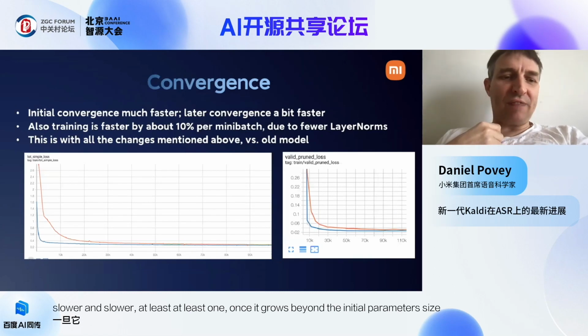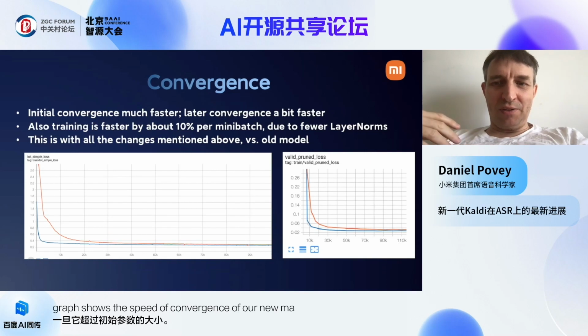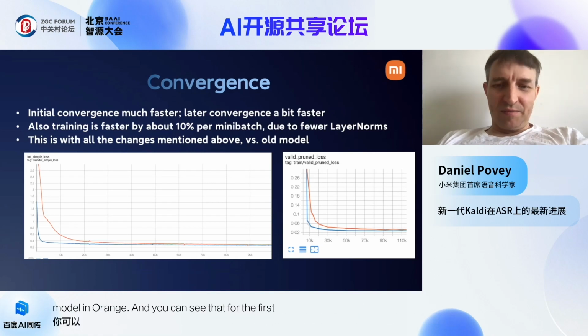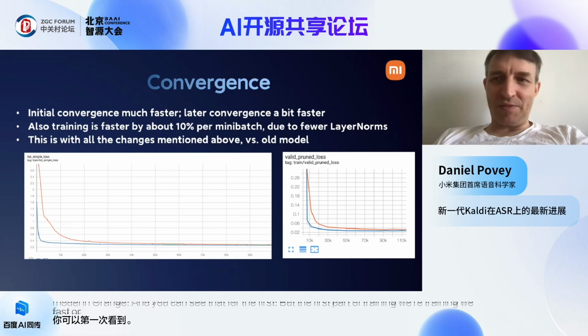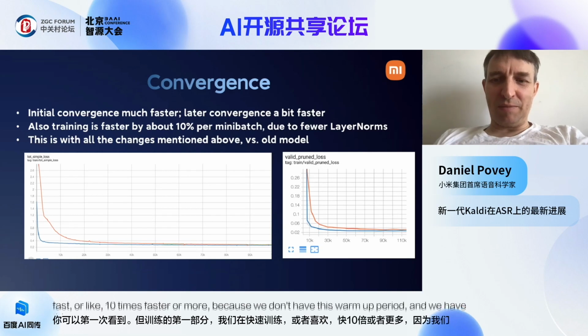So this graph shows the speed of convergence of our new model in blue compared to the old model in orange, and you can see that for the first part of training, we're training way faster, like 10 times faster or more, because we don't have this warm-up period and we have this model level warm-up.